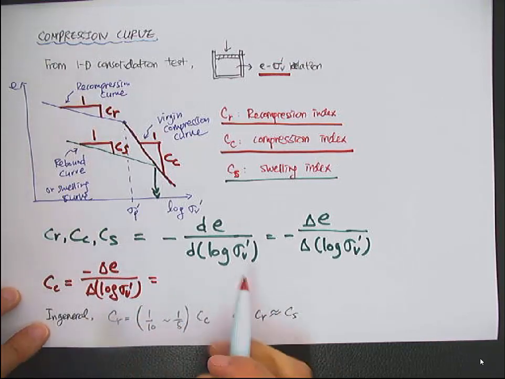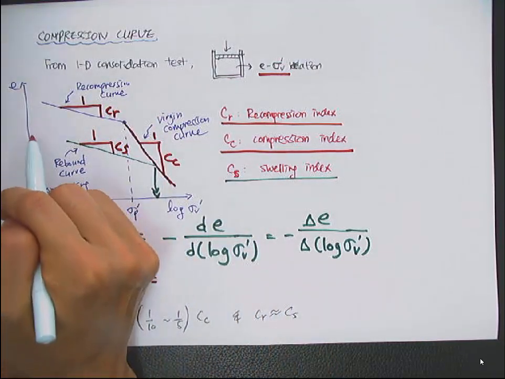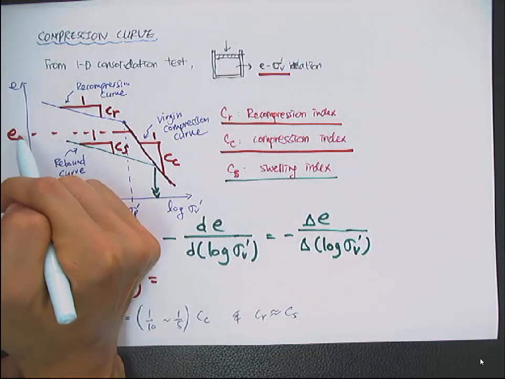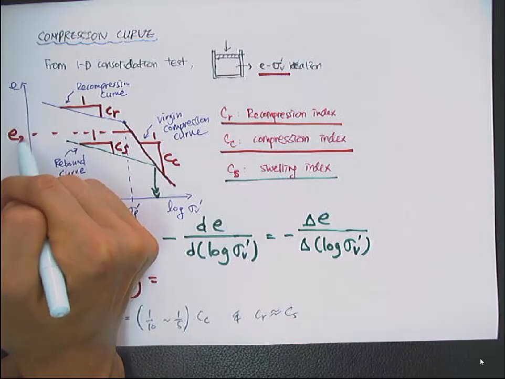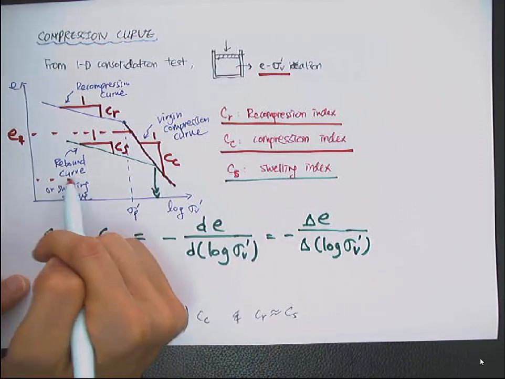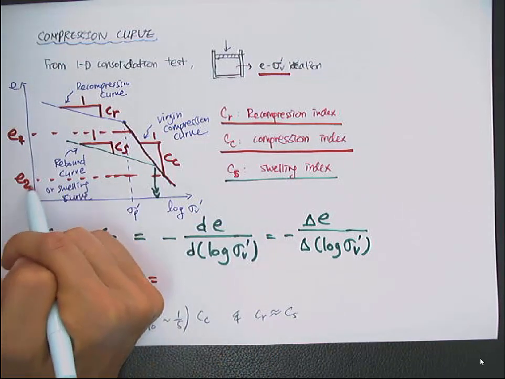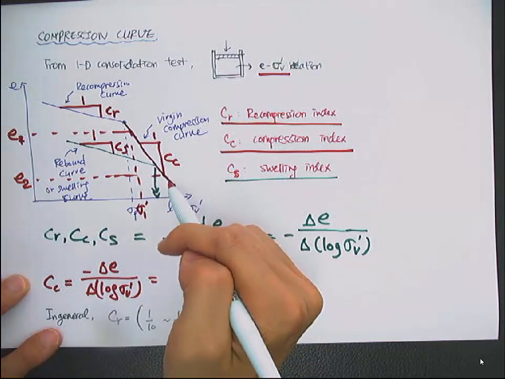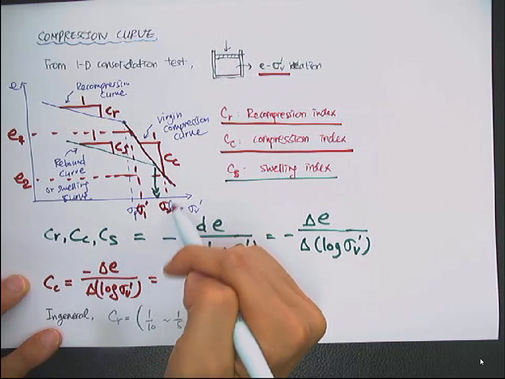So let's say that this is void ratio e2, and this is e1, and this is sigma 1 prime, and this is sigma 2 prime.